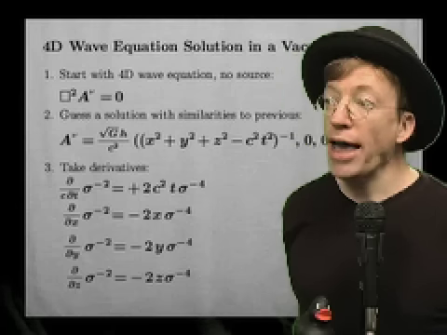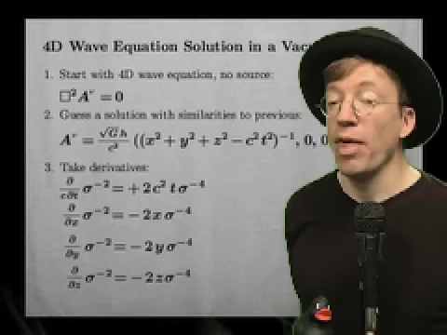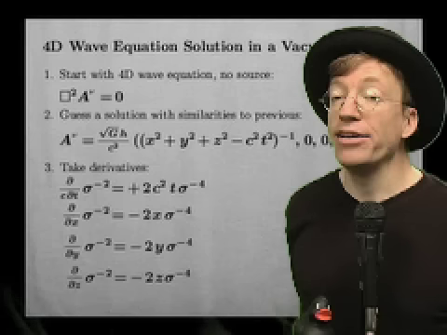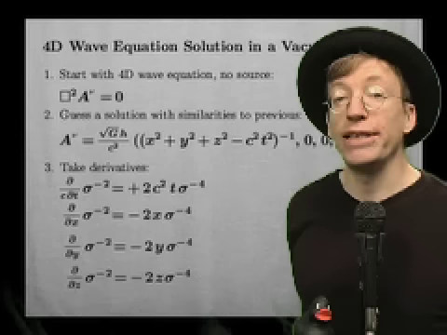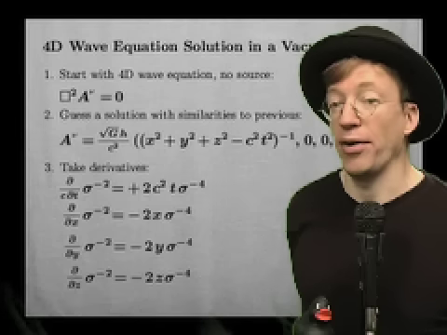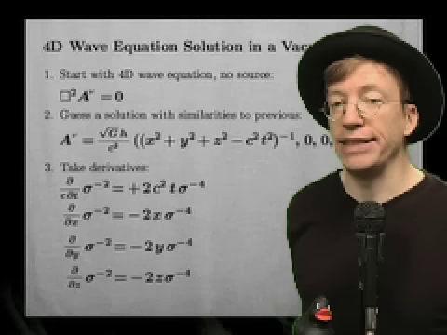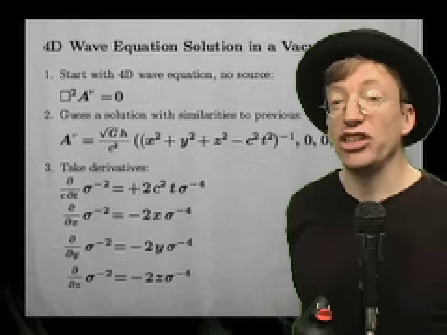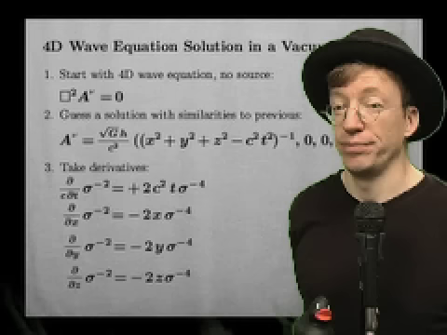So we try a 1 over distance, but this time we need to include time. And a way to do that that sounds reasonable is to put in time with a minus sign, because that ends up being an invariant distance in space-time. But we need to actually use a 1 over distance squared potential.